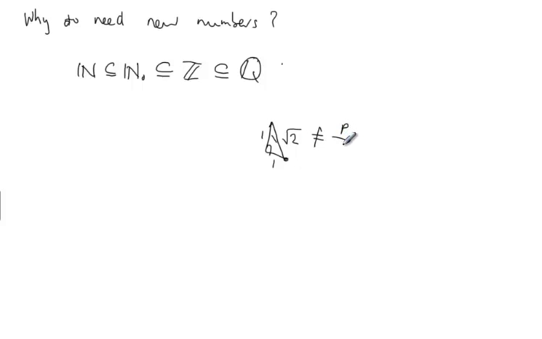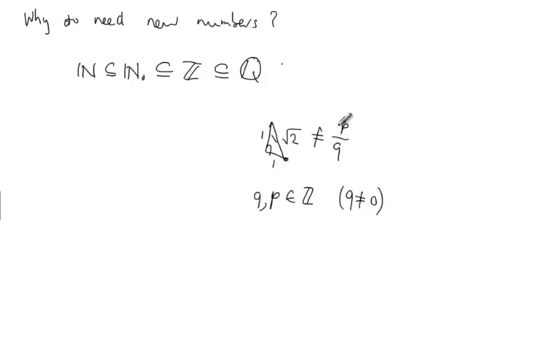And this number is never equal to something like P over Q. Remember, this is what we call a rational number, isn't it? This P will be an integer, and the Q also will be an integer. But Q must not be equal to 0, because the first commandment says, thou shalt not divide by 0.